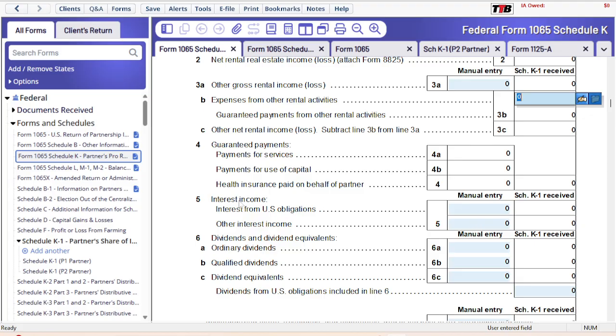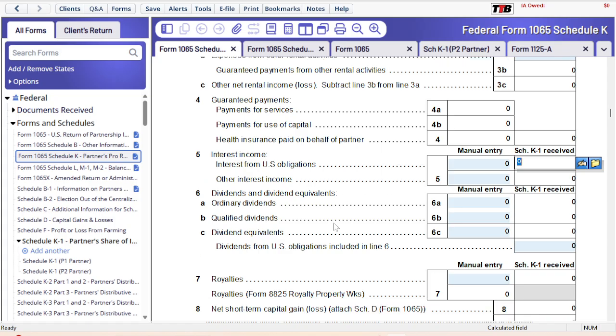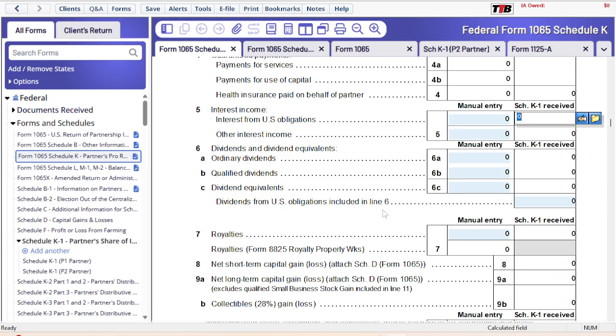So whatever that interest income, if you receive a Schedule K, then you'll put it there. But again, if you are in questionnaire mode, the software will do those things for you, ask you questions, and complete those forms for you. If you are in the form version, then you will know where to put your things depending on the software you are using. And dividend equivalent, they have this section for it as well.